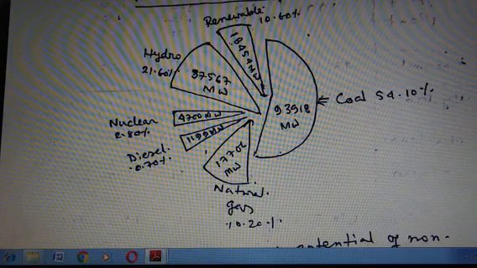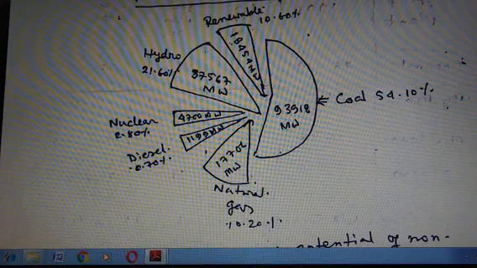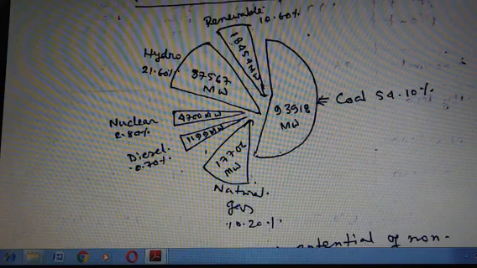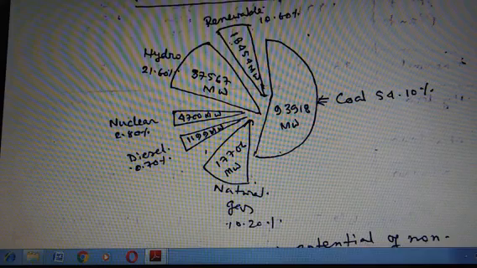Coal is used to generate electrical power. Coal is used for heating water to generate steam, which runs the turbine and generates electricity.